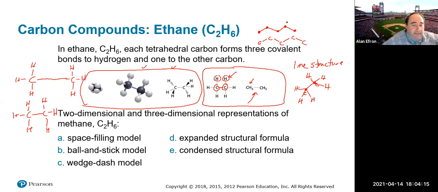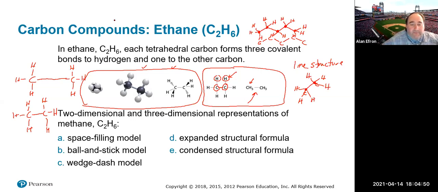Because carbon should have four bonds, the guy at the end has only one line coming in, which means he needs three hydrogens there. The guy right here has two lines coming in, which means he only needs two hydrogens to get the four, and the guy at the end would only need three hydrogens to get the four.